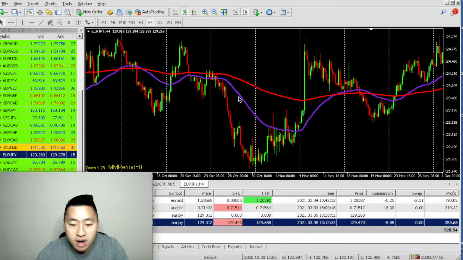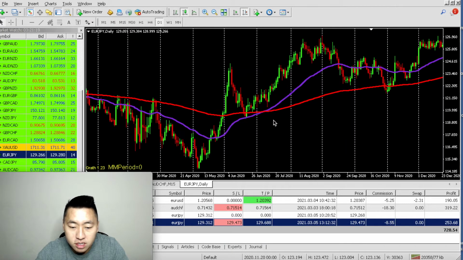Since it's a higher time frame, the moving averages are stronger, so if you buy with the trend, as long as it's above the 50, at least for me, I'm confident it will go my way. It's not always 100%. No strategy is 100%, but you just have to find other confirmations with it. But if you just use the moving average alone with this strategy, you will be able to increase your win percentage.